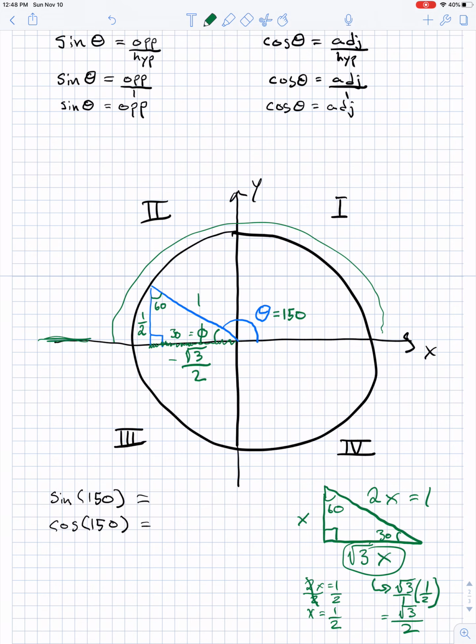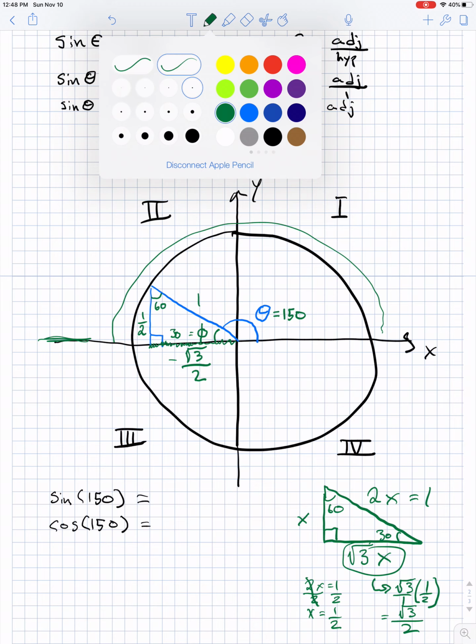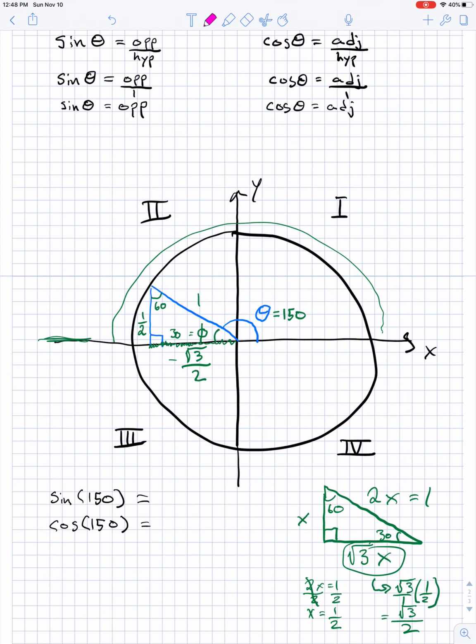Whereas the opposite side of the triangle, or sine theta, is in positive y territory. So we're going to keep that positive. Remember, the main takeaway from this whole lesson is that the opposite side of the right triangle is always equivalent to the sine of theta, and the adjacent side of the triangle is always equivalent to the cosine of theta.